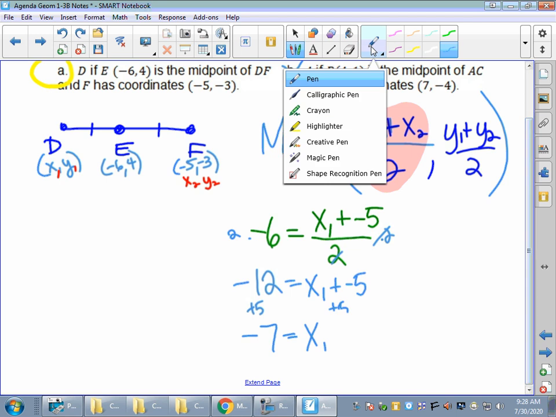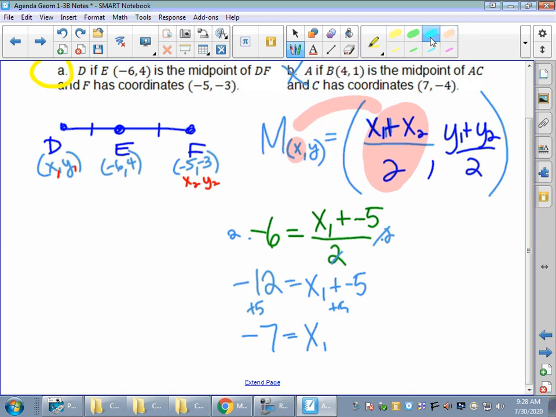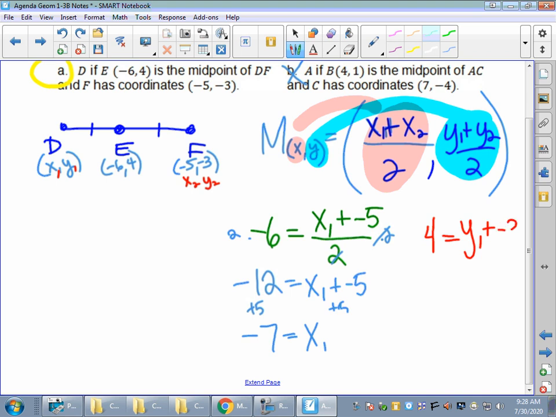In order to find my y coordinate, we did it all in one big problem, but to find the y coordinate, we do this, right? Well, I know my answer for my y. My y midpoint is 4. My y1, according to my diagram, is what I do not know. My y2, according to my diagram, is -3. And don't forget, it's a divide by 2 in the problem.